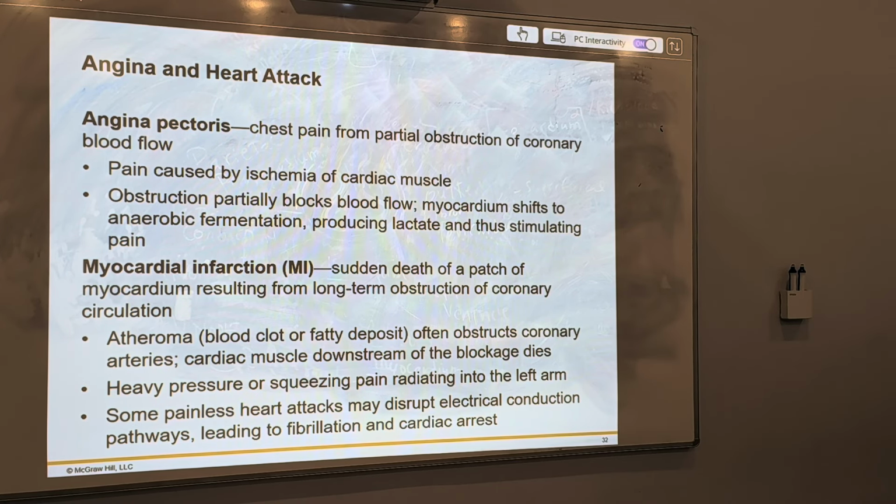Myocardial infarction is the sudden death of a patch of myocardium resulting from long-term obstruction of the coronary circulation. An atheroma is a blood clot or fatty deposit that often obstructs coronary arteries, and the cardiac muscles downstream of the blockage are deprived of blood.